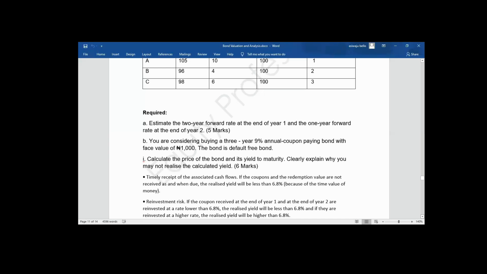For me to calculate the price of this bond, let's move to that solution because of time. We said the price of a bond is the present value of the future cash flows associated with the bond.